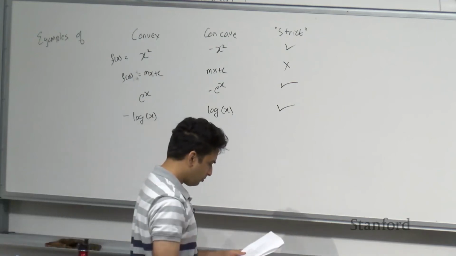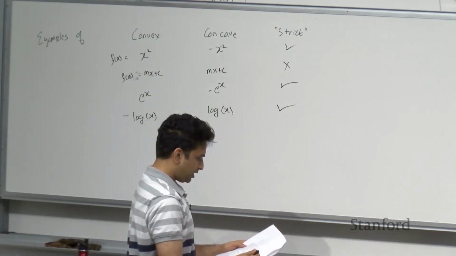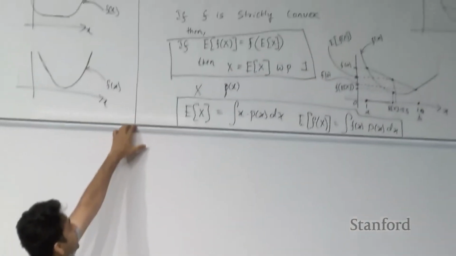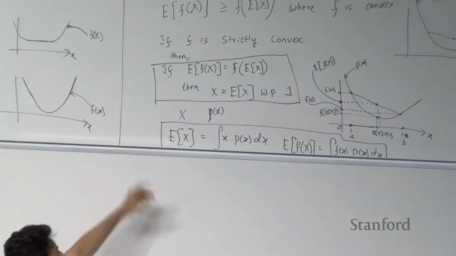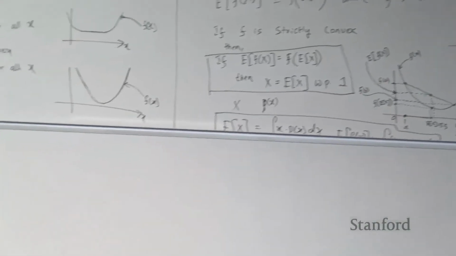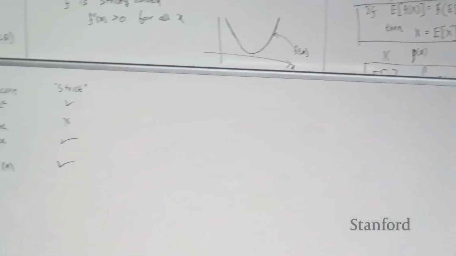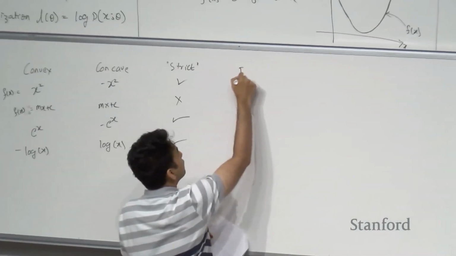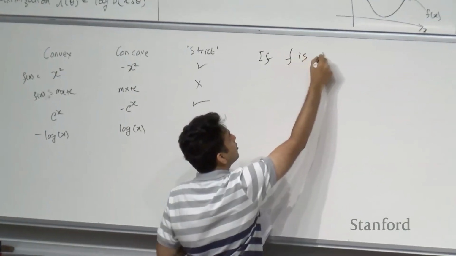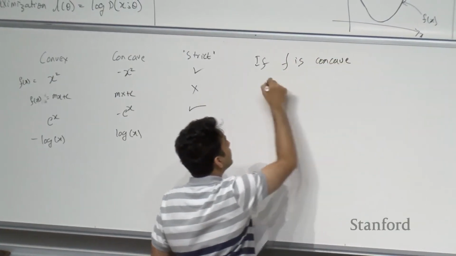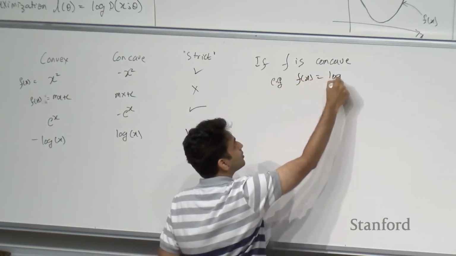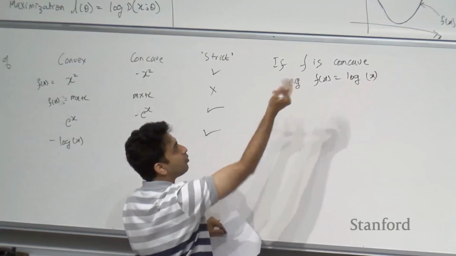Right? Now, using Jensen's inequality and these observations, the expectation of f of x is greater than or equal to f of expectation of x and so on. We can adapt Jensen's inequality to the concave case, where basically it says if f is concave, for example f of x equals log x, then the inequality will switch.